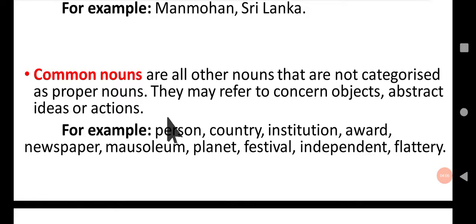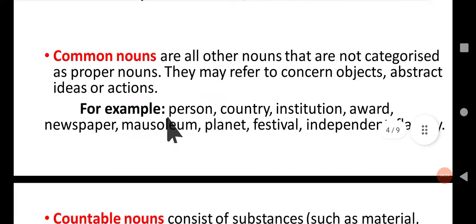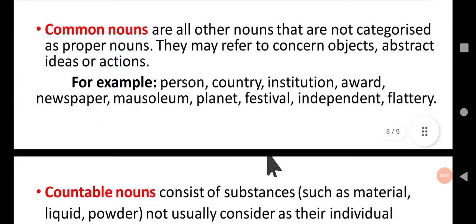What is the noun that I can use for all of them? I can say boys, or this boy, that boy. I can say boys are there. The nouns which can be referred to in a general way are called common nouns. For example: person, country, institution, award, newspaper, mausoleum, planet, festival, independence, flattery. These are all common nouns.